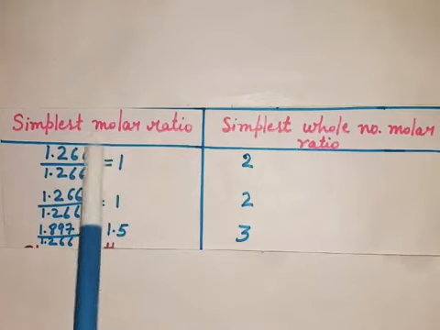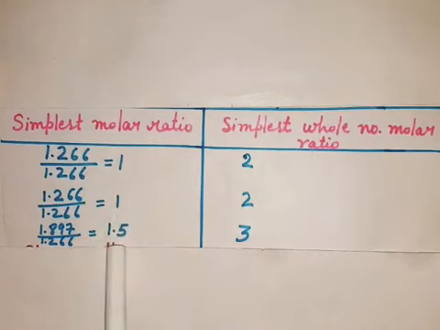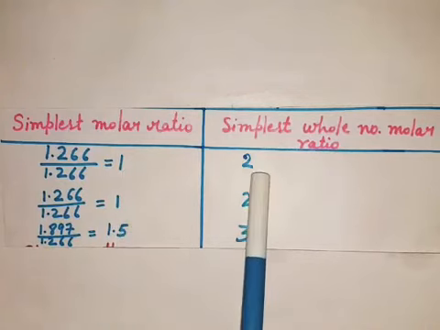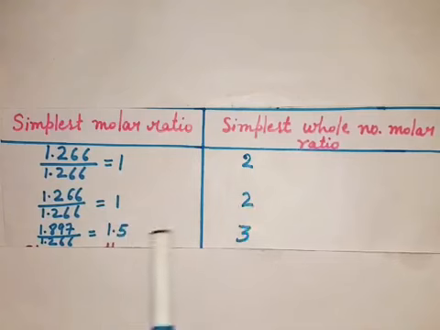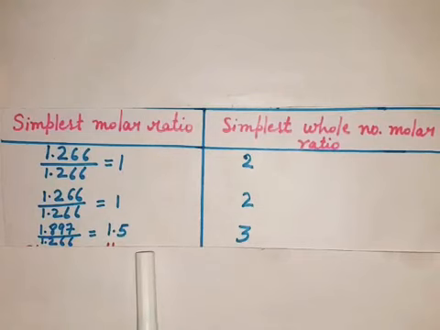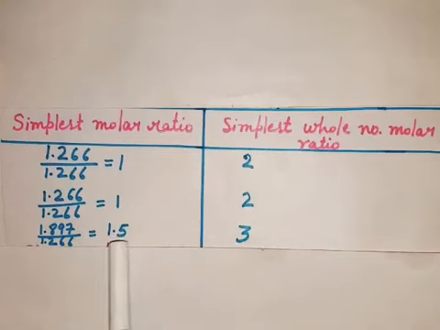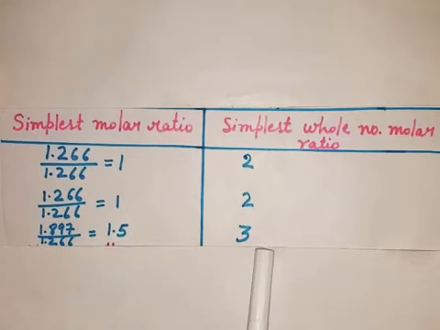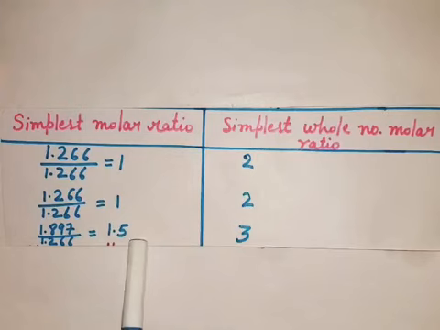So here we will multiply 1, 1 and 1.5 with 2. So 2 into 1 is 2, 2 into 1 is 2, and 2 into 1.5 is equal to 3. Remember, here we have to use the least number. We cannot use a number greater than 2, because when 2 is multiplied with 1.5, we are getting a whole number. So we cannot choose any other number other than 2.